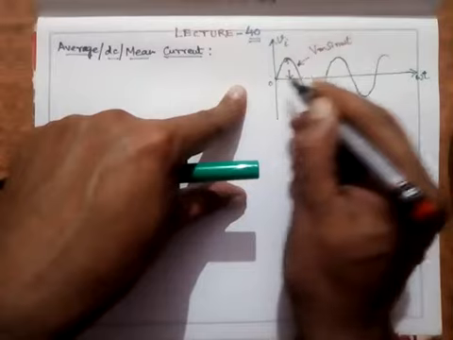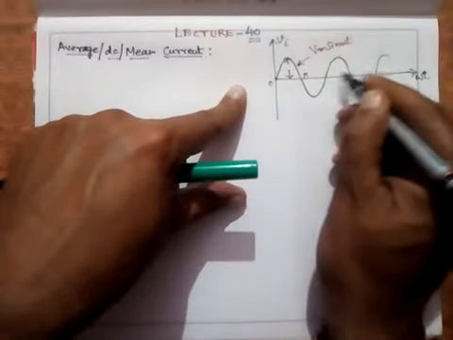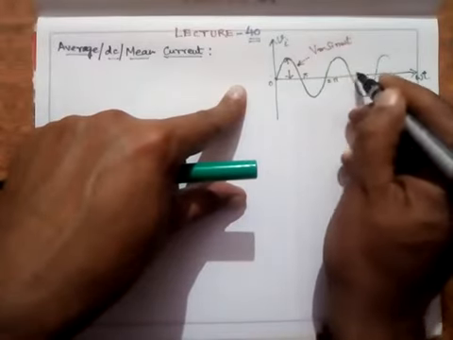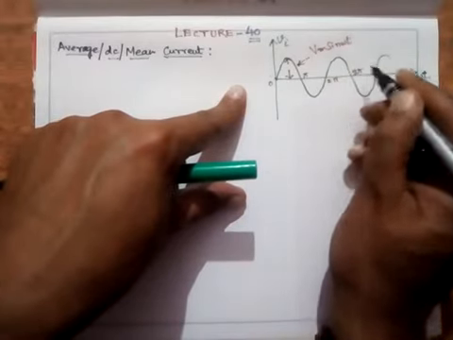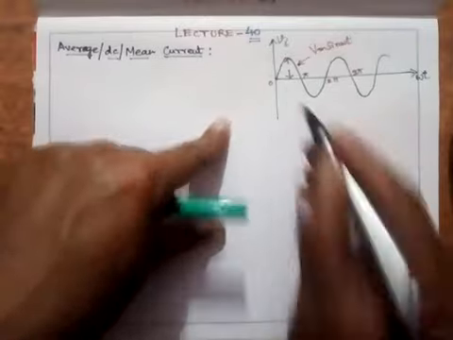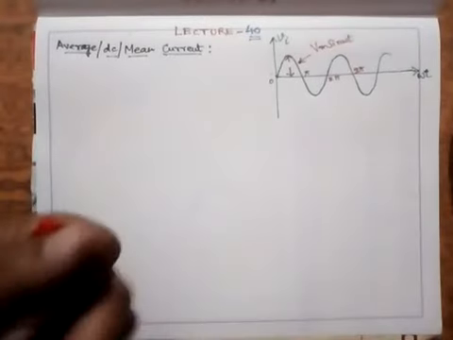Of course this is 0, this is pi, this is 2 pi, 3 pi, and so on.